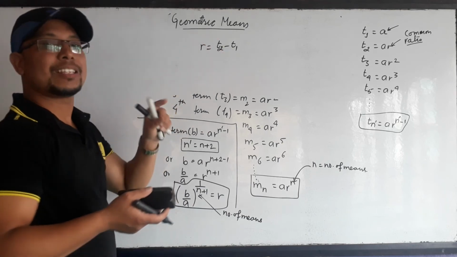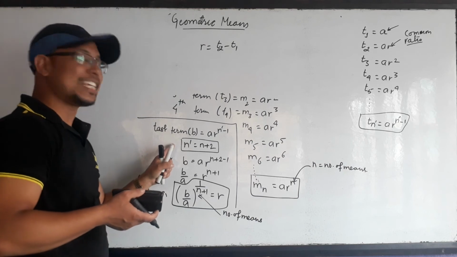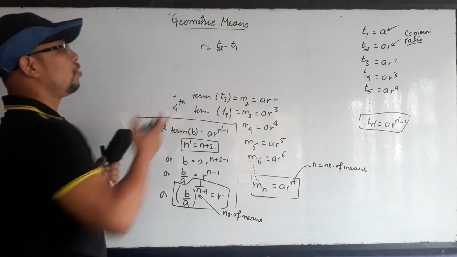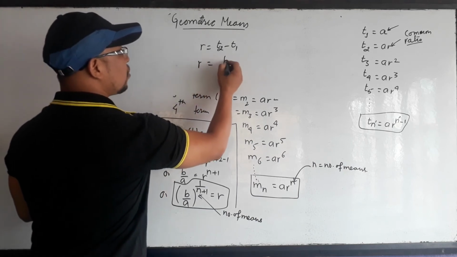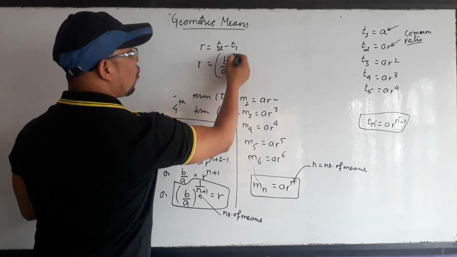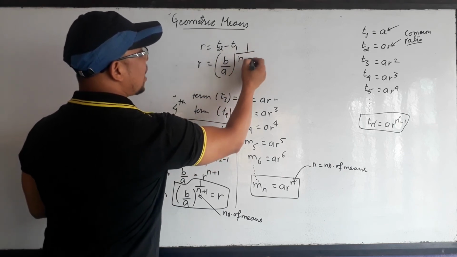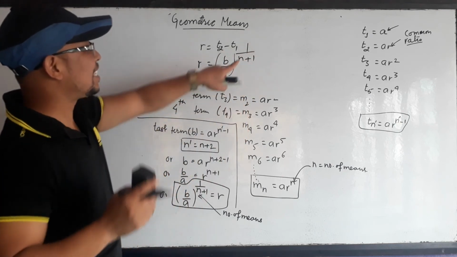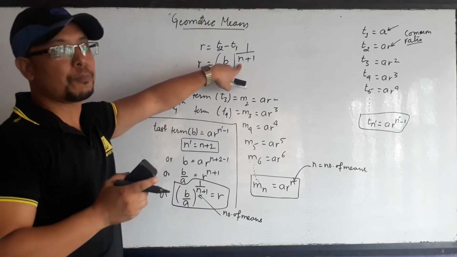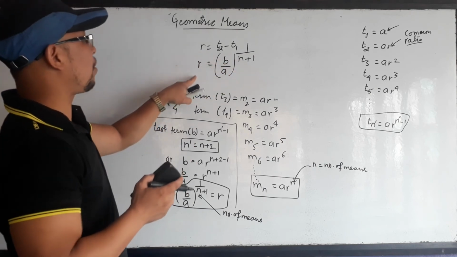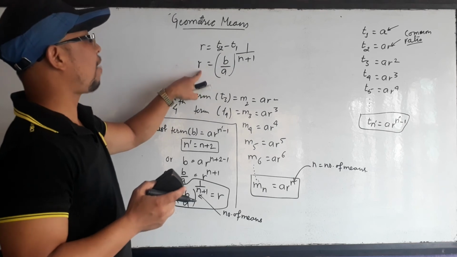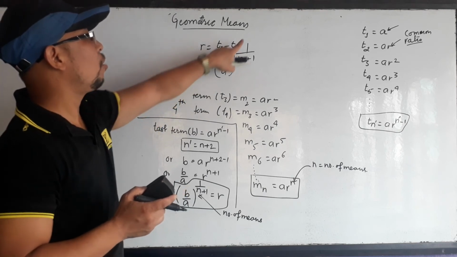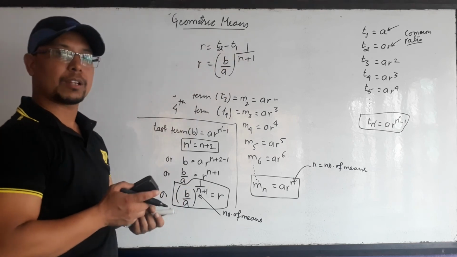But in the case of means, you have to use r equals b by a whole power 1 by n plus 1, where n stands for the number of means. When the number of means is given, we have to use b by a whole power 1 by n plus 1 to find the common ratio.